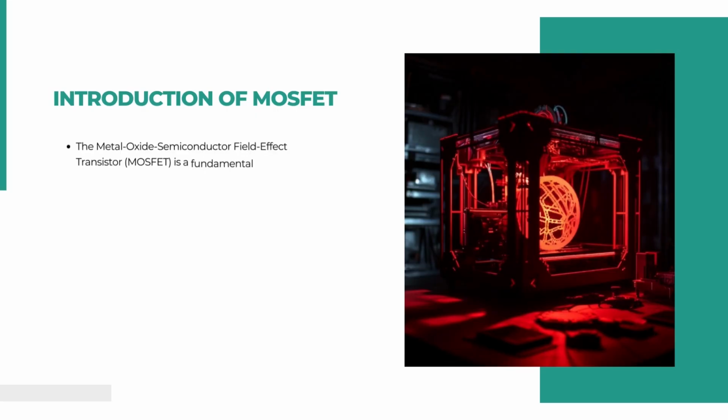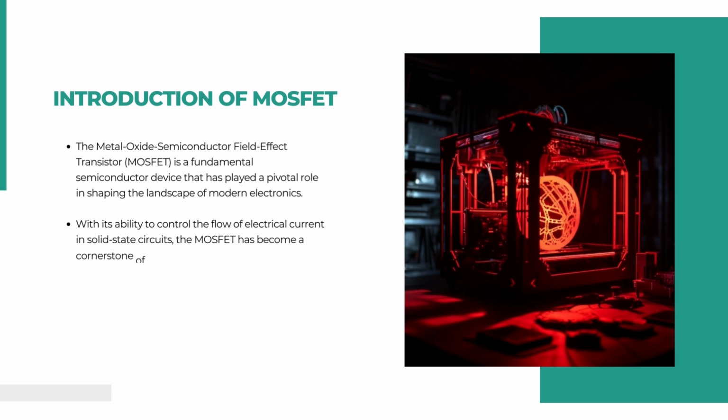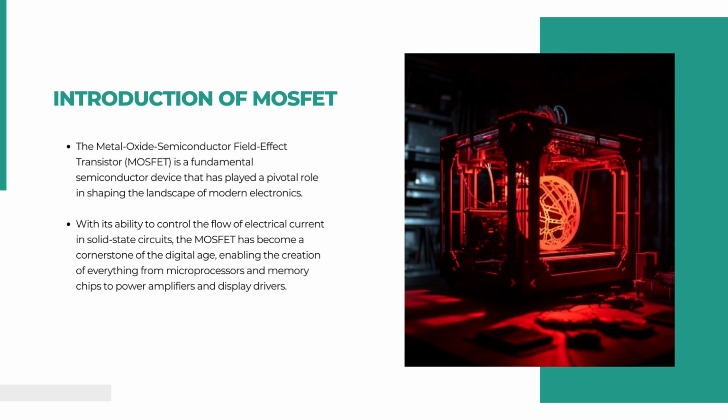So, discussing about the metal oxide semiconductor field effect transistor, we also call it as MOSFET. M-O-S-F-E-T. M stands for metal, O for oxide and S for semiconductor, and it is a type of field effect transistor. It is a very fundamental semiconductor device that has played a vital role in shaping the landscape of modern electronics.